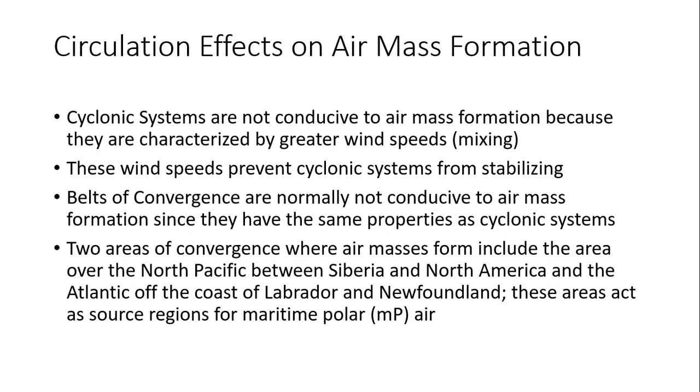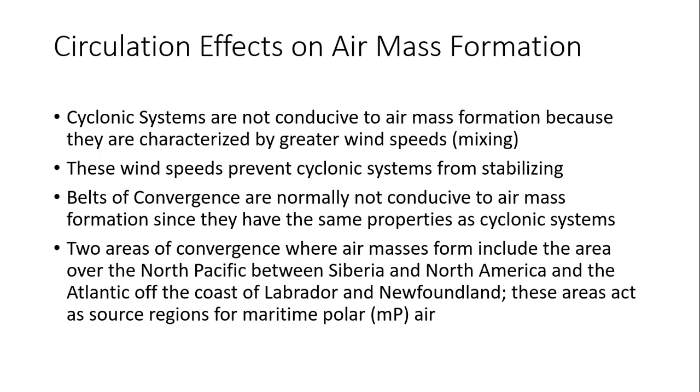So there are two areas of convergence where air masses form. As far as belts of convergence, these include the area over the North Pacific, basically between Siberia and North America, and off the Atlantic coast of Labrador and Newfoundland. And these areas act as source regions for what's known as maritime polar air, MP air, and we'll get into the discussion of specific air mass characteristics shortly.